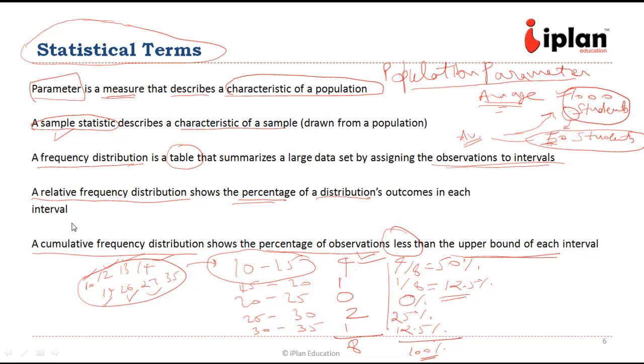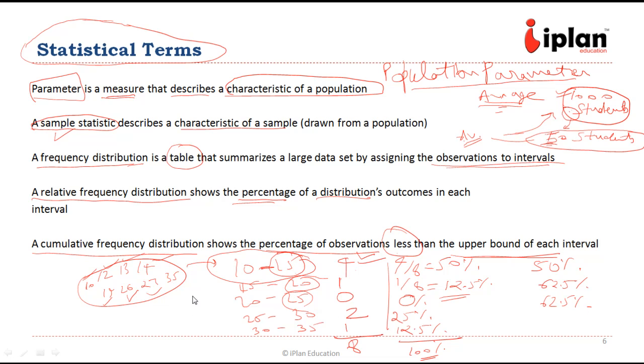So now the cumulative frequency distribution says the values less than upper bound. In this case, upper bound of the interval is 15. So less than 15 will be 50%. Less than 20 will be 62.5%. Less than 25 will be again 62.5%.